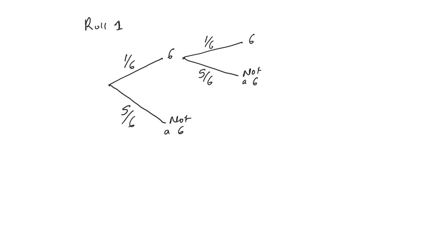The first time you did not get a 6, but the second time you get a 6, and the probability here is 1 out of 6. Or it is 5 out of 6 and you don't get a 6, not a 6. So this is the first roll here.